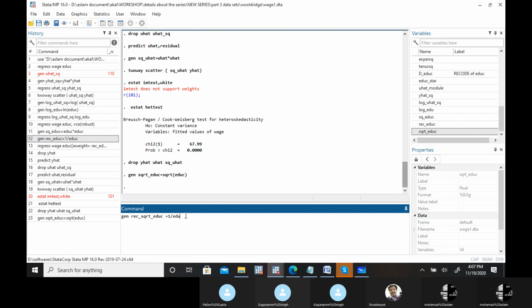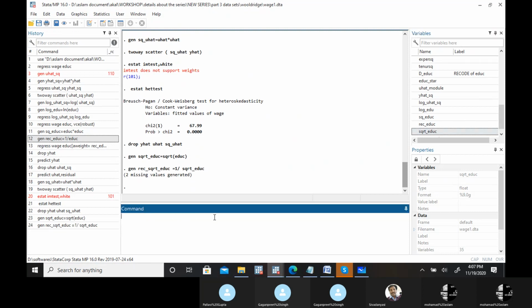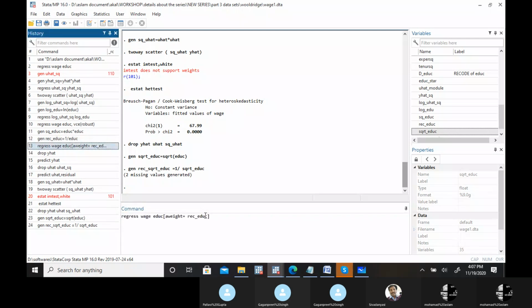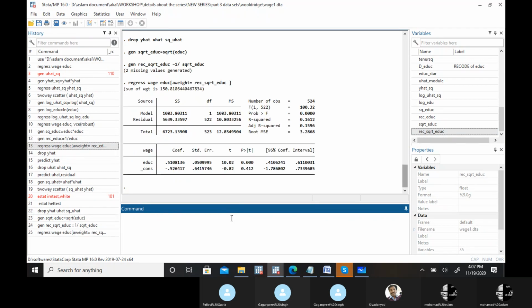It is 1 by square root of education. Now apply this as a weight, that is, the reciprocal of the square root of education. These are the results.